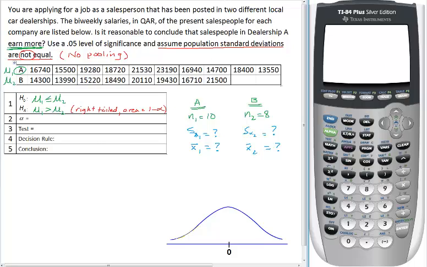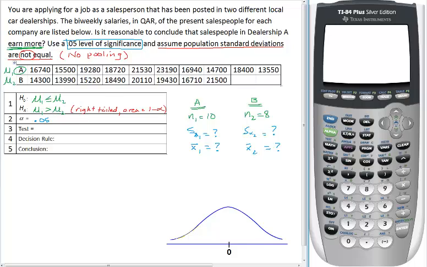Step 2, choose the appropriate level of significance. That's already done for us. We don't have to do that. It's 0.05. The third step is, what test do we use?